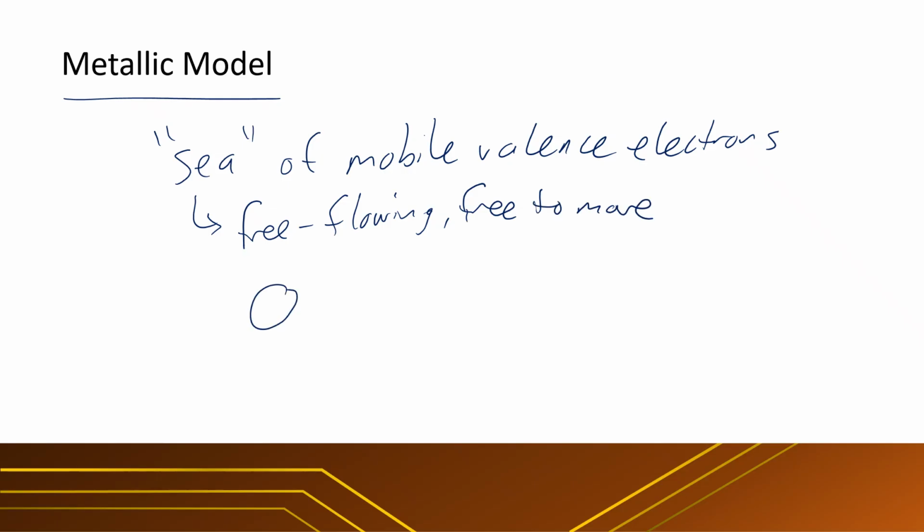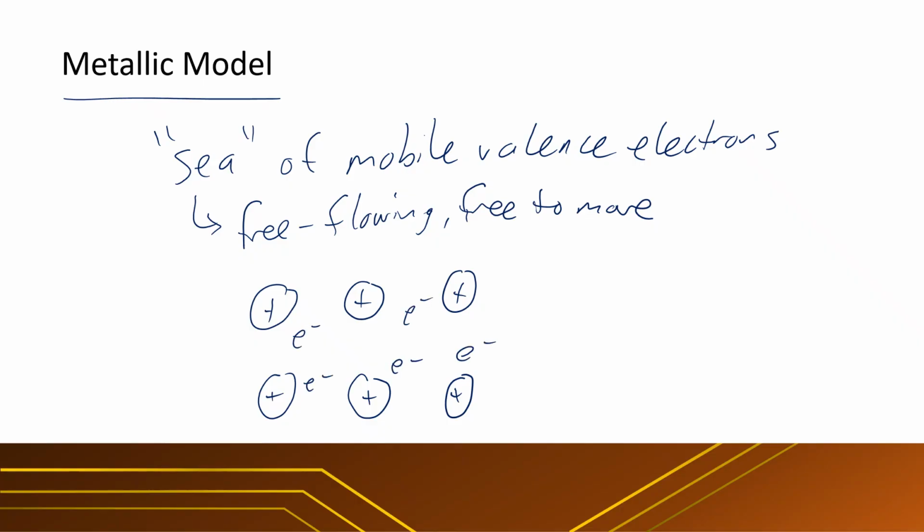And so if you haven't yet drawn it in your notes, you should draw the positive ions that are the metal ions and the electrons going in between them. And they're not stuck in place. The electrons are free to move throughout, which helps it be good conductors of electricity, helps it to be bent and shaped really easily.